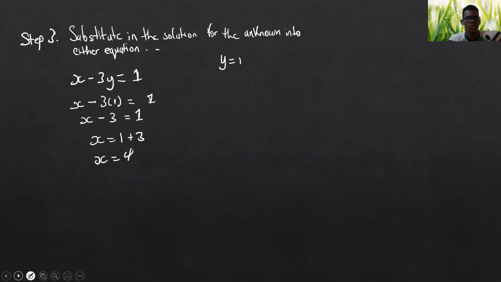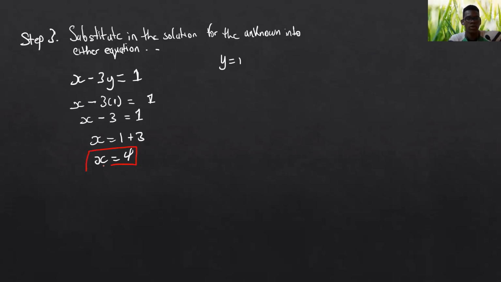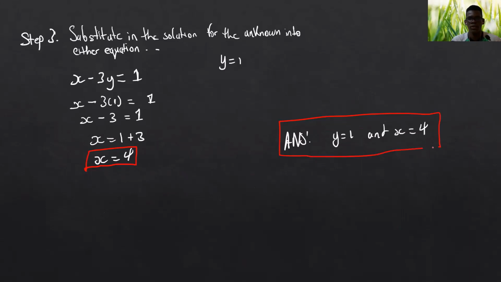So the solution for x is that x is equal to 4. So our answer is y is equal to 1 and x is equal to 4.